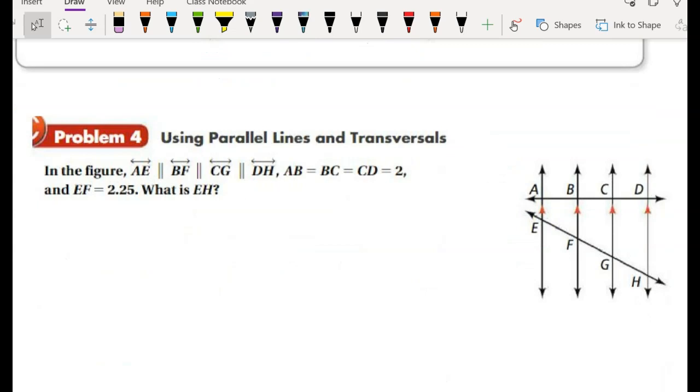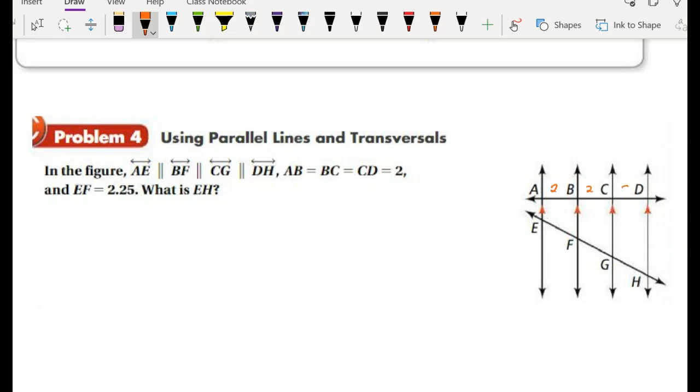Now let's take a look at this. In the figure, AE is parallel to BF and CG and DH. AB equals BC equals CD, which is equal to 2.